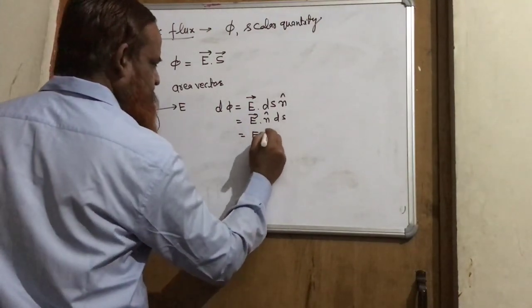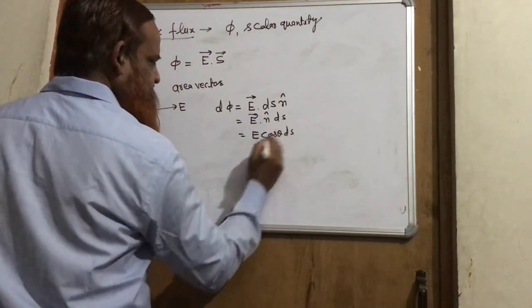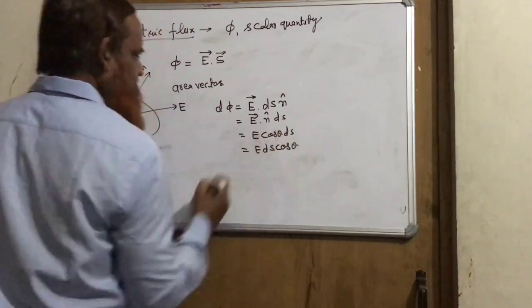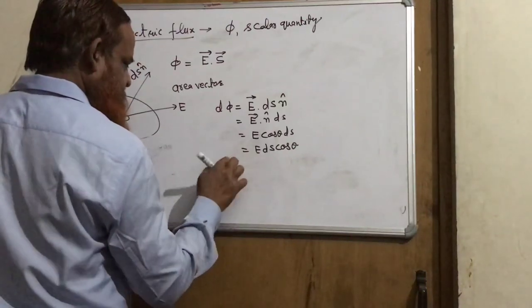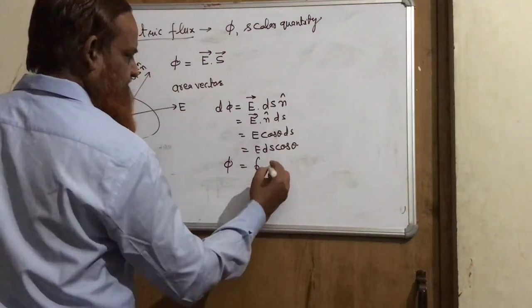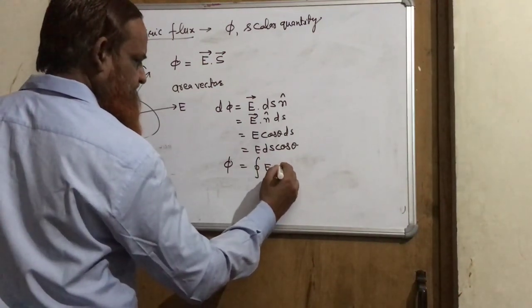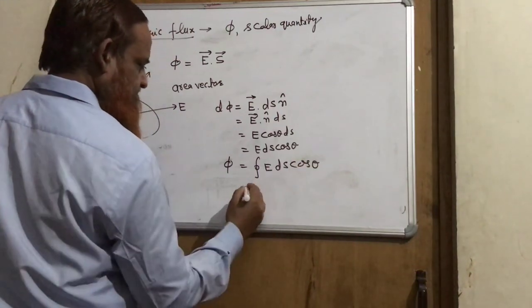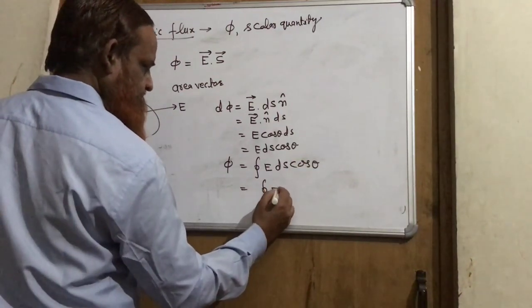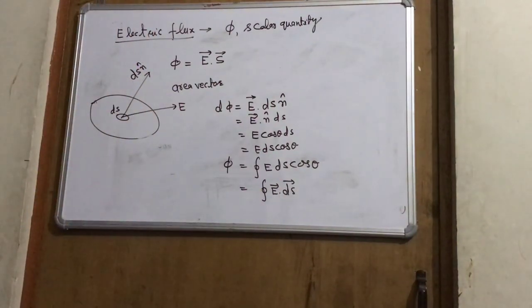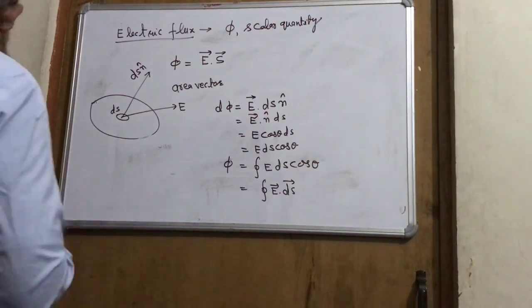So it will be E cos theta dS. So we can write E dS cos theta. So flux for the entire surface will be the surface integral of E dS cos theta, or we can write it this way, E dot dS. Here theta is the angle between the area vector and the electric field.